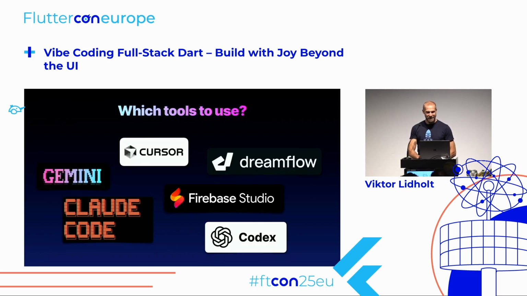Right, so first, there are a bunch of tools to work with when you do vibe coding or generate code, right? We have Cursor, Dreamflow, probably the vibe-codiest, together with Firebase, where you don't really need to look at the code. Then we have Gemini CLI, of course, Claude Code, Codex, and many of these plug into VS Code, or Cursor, which is a clone of VS Code, of course.